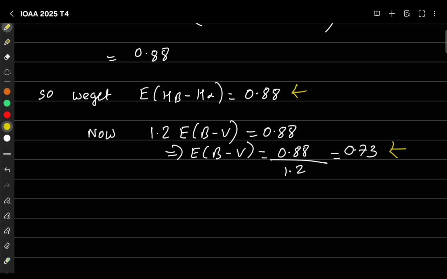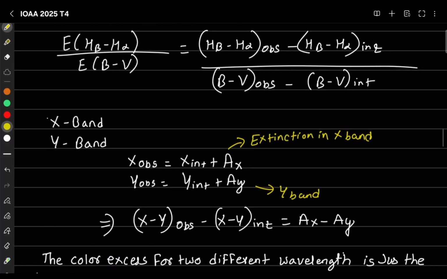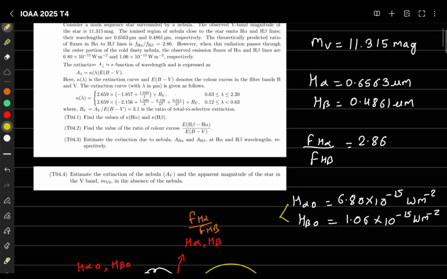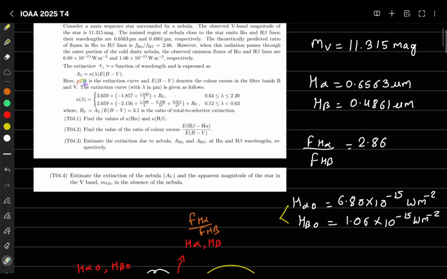Why are we finding E(B minus V)? If you look into this equation, we already found K lambda. And if you find E(B minus V), I can find extinction for any wavelength, right?